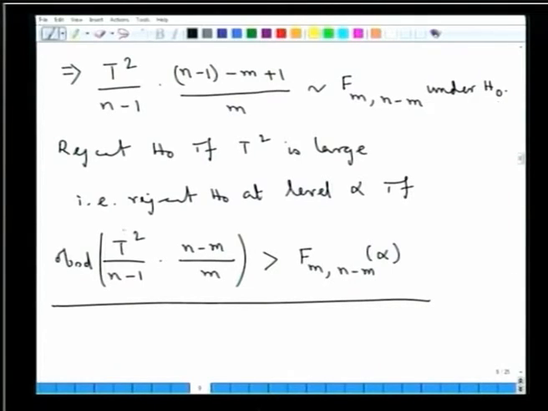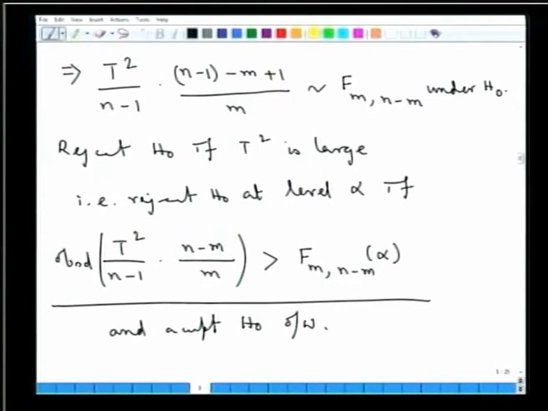Hence the test is: if the observed value of this test statistic exceeds the upper alpha percent tabulated value of an F distribution on m and n minus m degrees of freedom, we reject the null hypothesis, and accept H naught otherwise. So that's the testing we have obtained using the Hotelling's T square distribution.